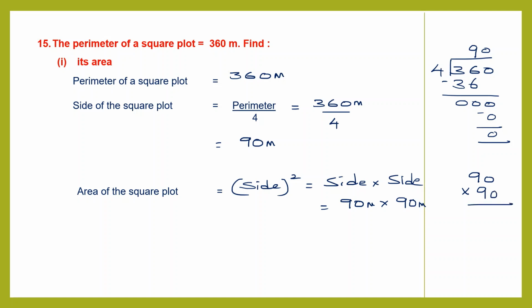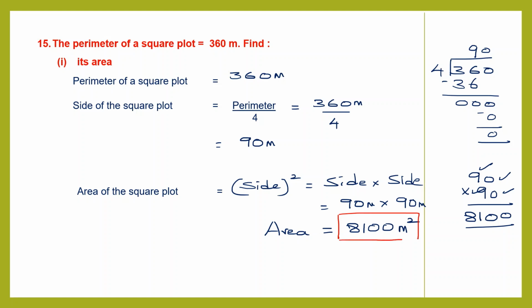We can multiply 9 into 9. 9 nines are 81 and add these two zeros. So we've got 8,100. And since we're finding the area, this will be 8,100 meter square. So we have found the area of this square plot to be 8,100 meter square.